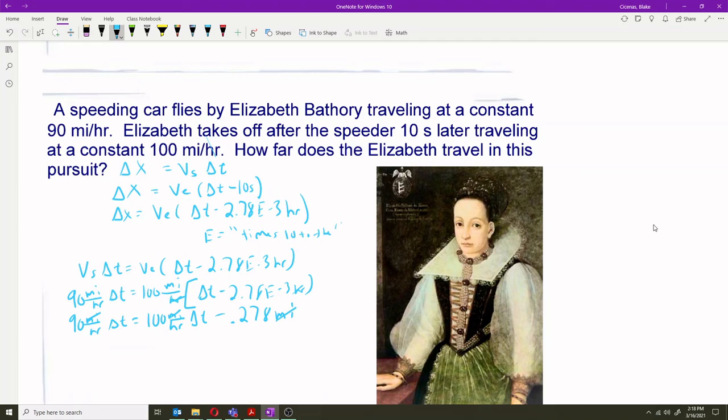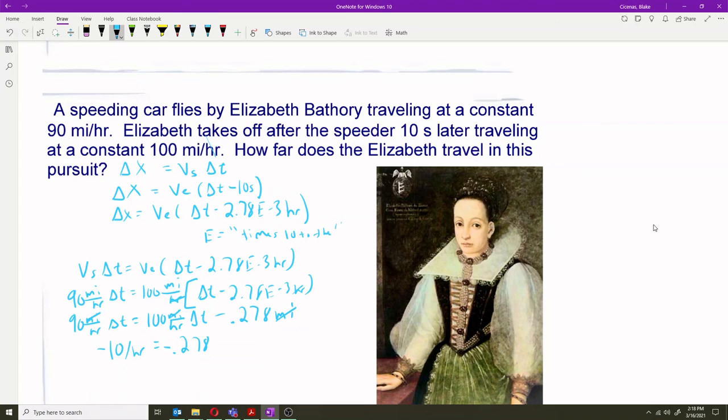Also notice that everybody has a mile in it, so I can cancel out the miles. That leaves your only unit left as hours, which is what we want, because delta t is what we're solving for. So I moved my delta t to the other side, so that's going to be negative 10 per hour. I know it was weird the way I did that. Maybe I shouldn't have done it quite like that. And then that's equal to negative 0.278 with no units because the hour flips over to the other side.